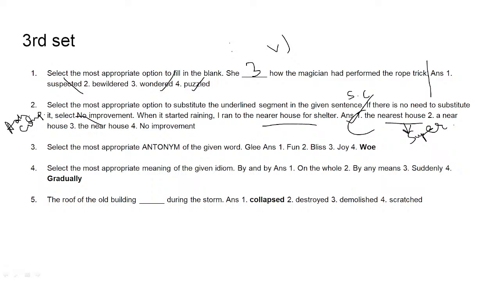And joy is also a synonym of glee. So ये नहीं होगा. So instead of that, वो जो last option है, just know this word nicely. WOE, वो मतलब क्या? कष्ट, sorrow, कष्ट, पीड़ा, दुख, दर्द, ये सब meaning. So this is the correct answer, the antonym of glee.